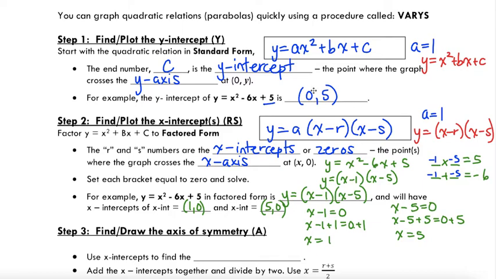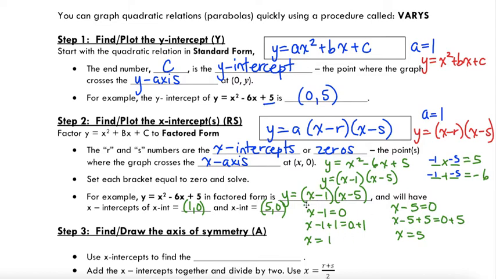So I've identified my y-intercept, I've identified my x-intercepts. Now the more you do this, the easier it's going to get. You'll also notice that when I have it in factored form, my x-intercepts are the same numbers but with different signs. So eventually you'll get to a point where you won't have to do all of this work.